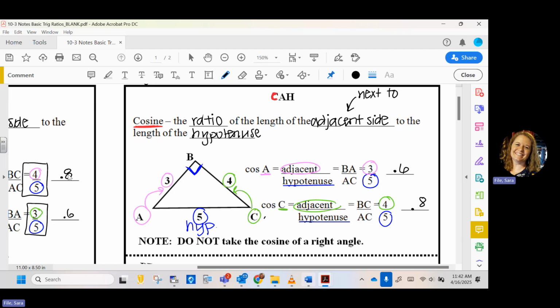Sine from angle A is the same as cosine from angle C. Sine of angle C is the same as cosine of angle A. So sine and cosine have this relationship where sine from one angle is the same as cosine from the other angle. Y'all see that? We got 0.8 there and there. And we got 0.6 here and here.